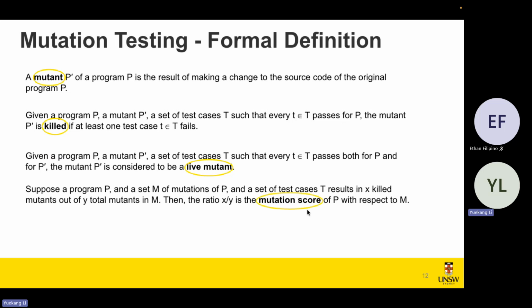So the mutation score is basically the killed mutants divided by the number of total mutants.